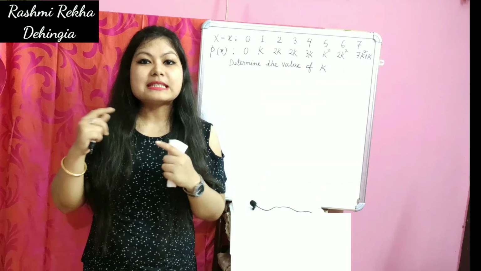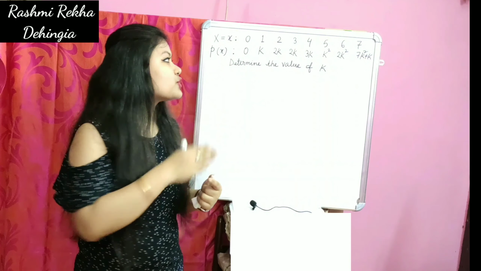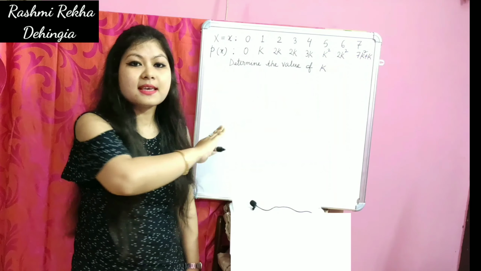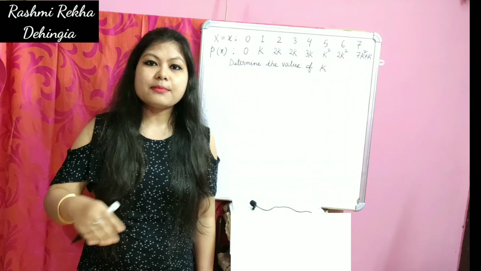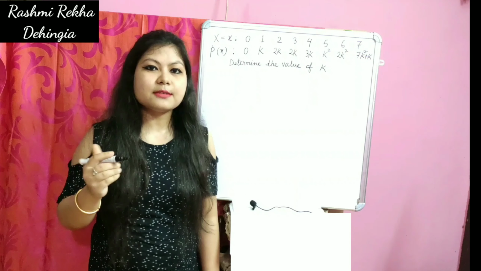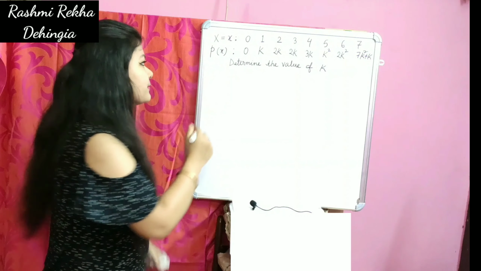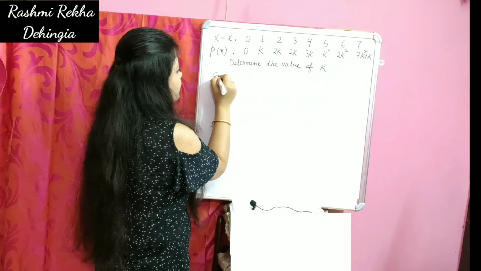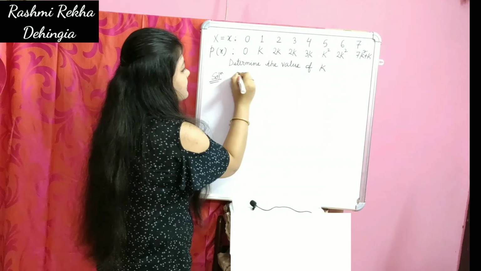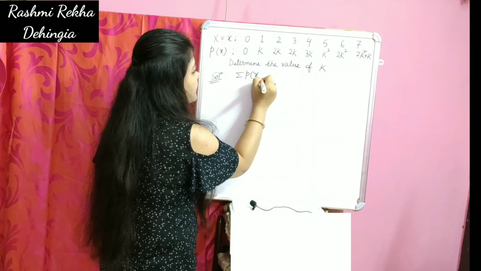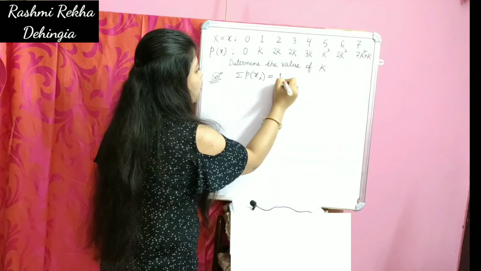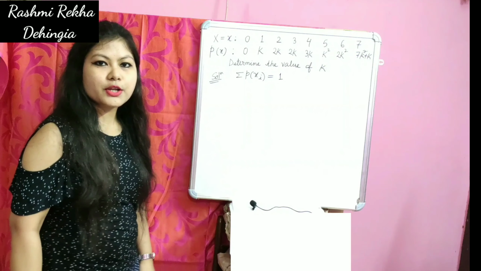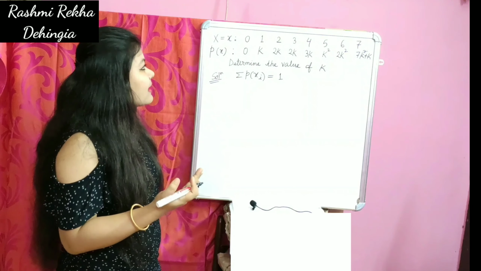We will use this condition to find the solution of the question, because here the random variable is given and the corresponding probability value is given. So let's start. First of all, we will write down that summation of px equals 1, where x means the random variable.